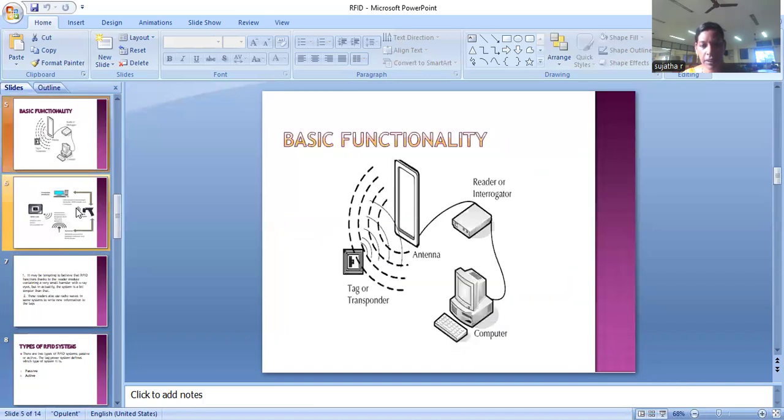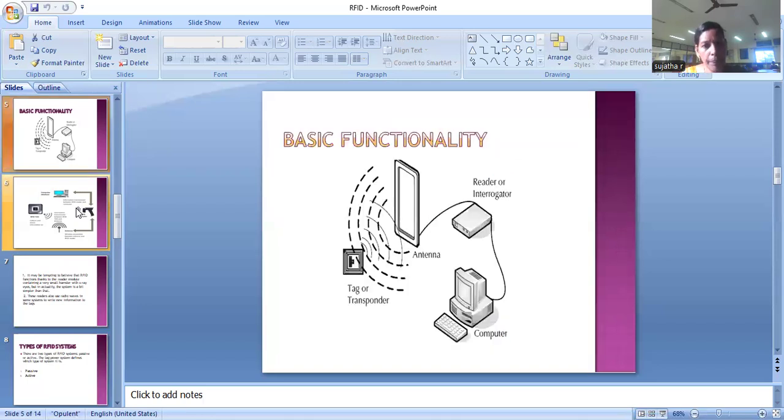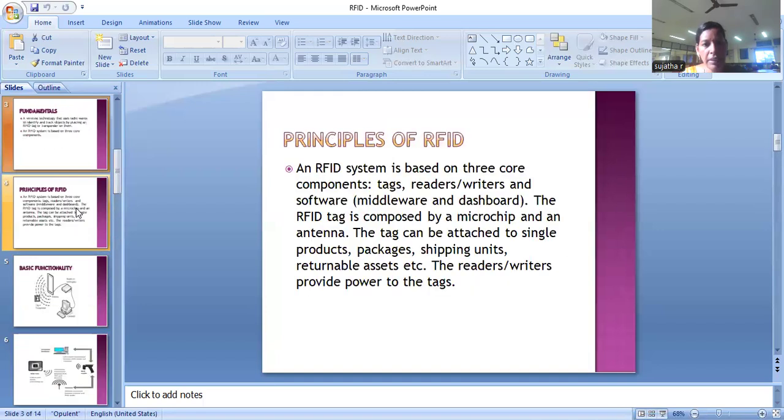See here, this is the reader, the RFID reader, RFID tag, antenna, and computer. One more component is the computer, which reads the information between tag and reader. So, basic principles: I already explained the components in RFID.